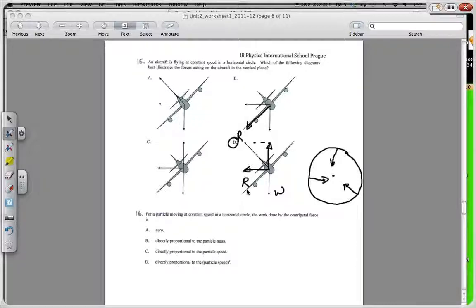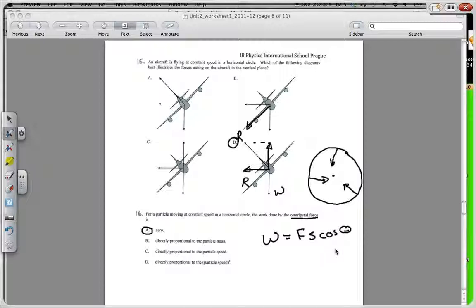Looking at 16, for a particle moving at a constant speed in a horizontal circle, the work done by the centripetal force is going to be 0. Why do we say 0? Because work is equal to force times distance times the cos of the angle between them.